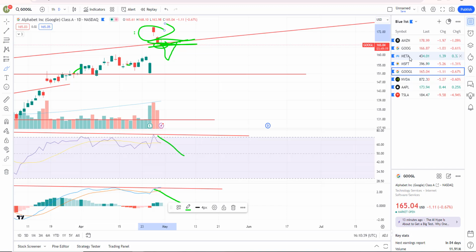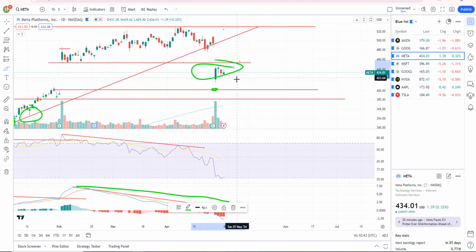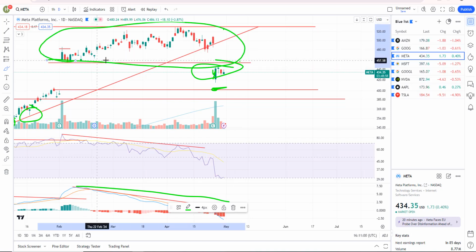If you look at Meta, Meta gapped down on earnings, and there's a little bit of buying post earnings, and that made sense because in the after hours it was right here. I closed out my short position in the after hours when we were basically right down in this area at that gap fill support, but we're still holding the bearish island cluster top pattern, and it continues to be a top, and I think it's going to be a lasting top.